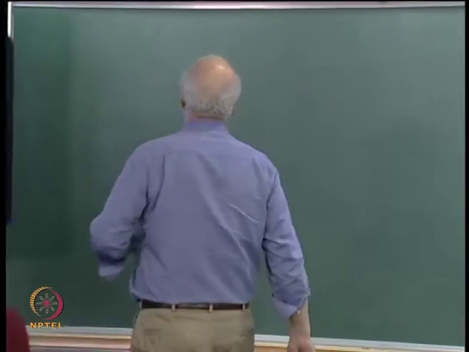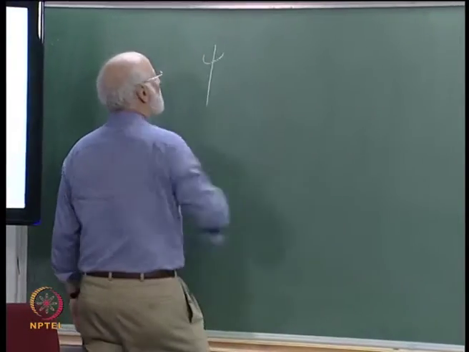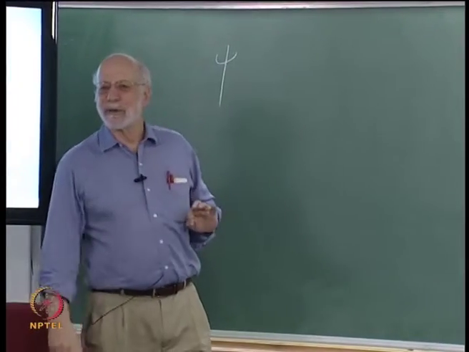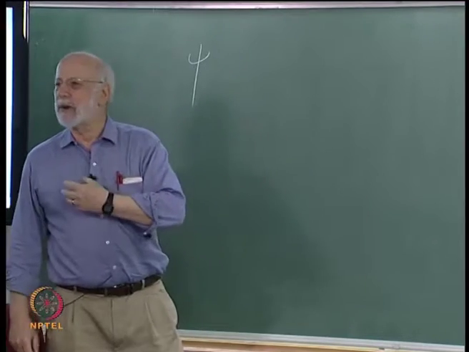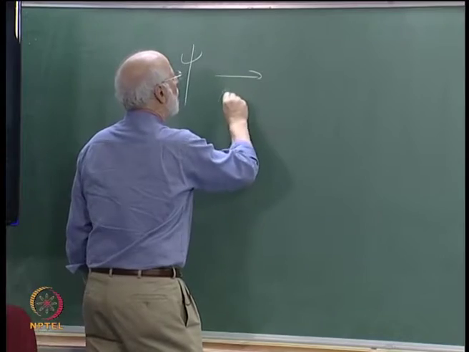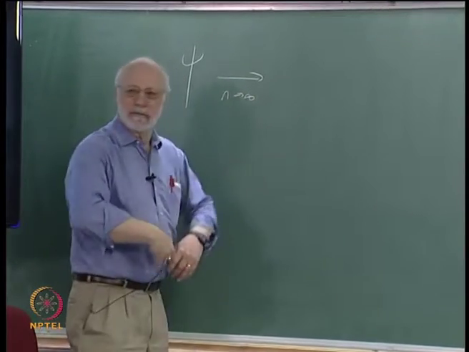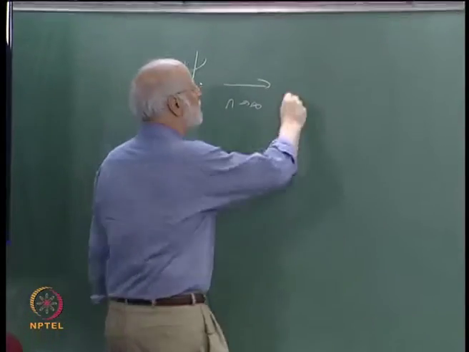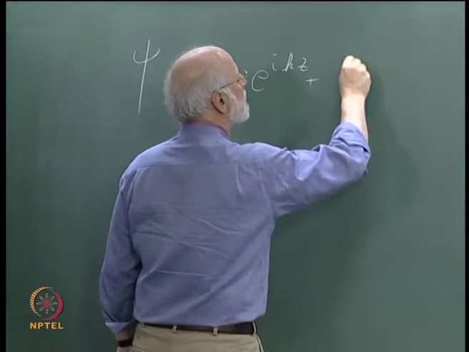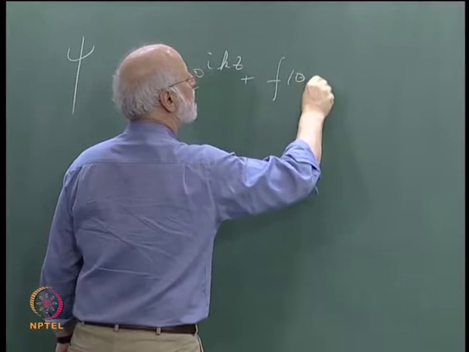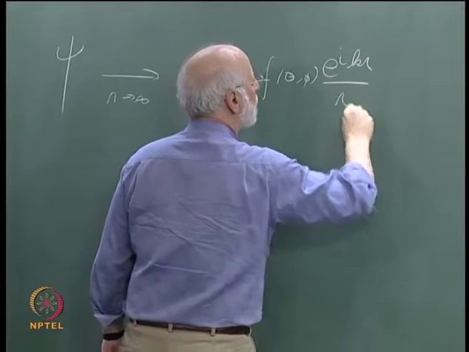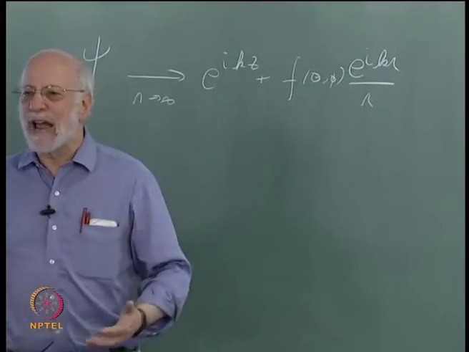We know that the wave function, let's say just for potential scattering, the elastic scattering of a particle off some center of force, goes as r goes to infinity, that is, very far away, as e to the ikz plus f of theta and phi times e to the ikr over r, where my force is centered at r equals 0.